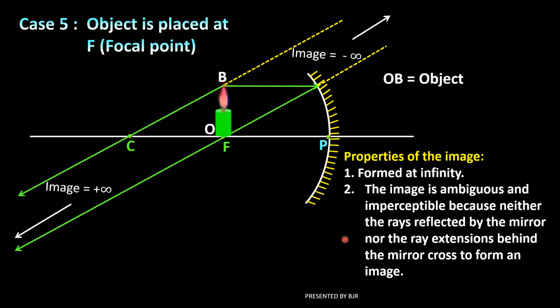That's why the image is ambiguous and imperceptible, because neither the rays reflected by the mirror nor the ray extensions, these are the ray extensions behind the mirror, cross to form an image. Okay, so in this case the image is not formed.